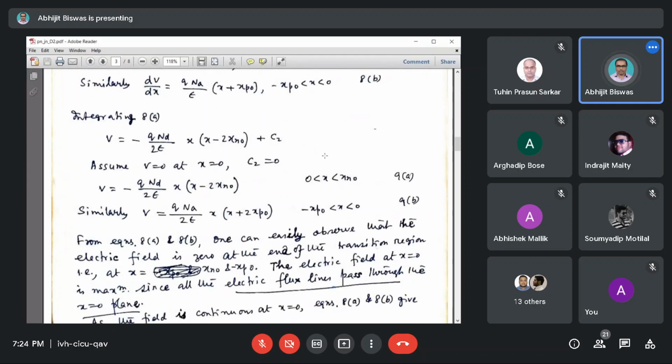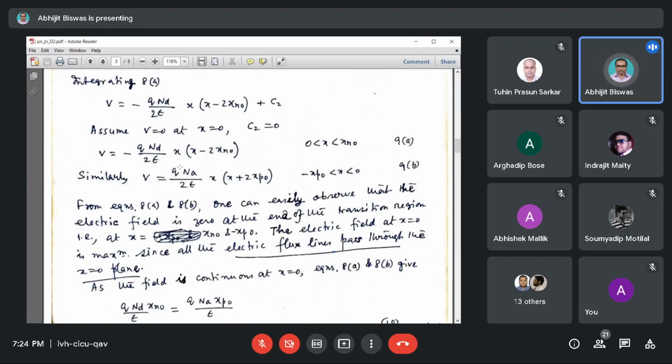But it is not the same for the potential variation. You see that V is equal to minus q Nd by 2 epsilon times x into (x minus 2xn0) plus C2. You can assume that this electrostatic potential is 0 at the metallurgical junction because potential can be measured from an arbitrary reference.